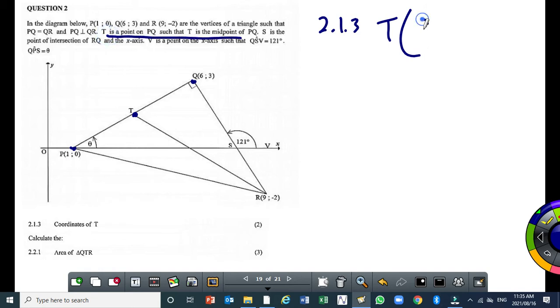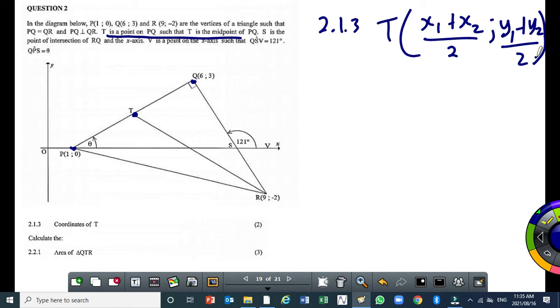So that will be (x1 plus x2) over 2. If you want, you can also write it as xp plus xq. That would be (y1 plus y2) all over 2. Please take note, I'm being specific here because our midpoint is T. Generally, the formula will have an M here.